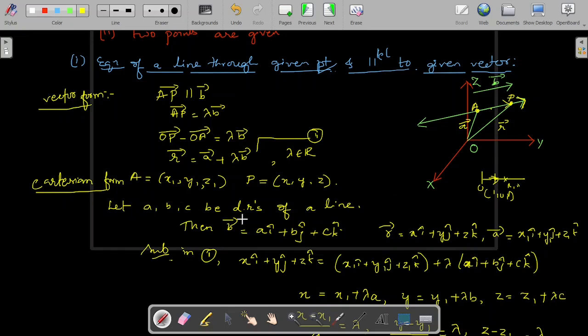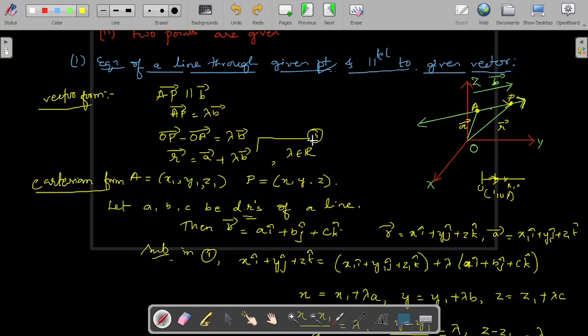That's why we take the generalized version, where a, b, c are the direction ratios of the line. Vector b is parallel to the given line, and two parallel vectors or lines have the same direction ratios. So I write b vector as a i cap, the x component, plus b j cap, the y component, plus c k cap, the z component.